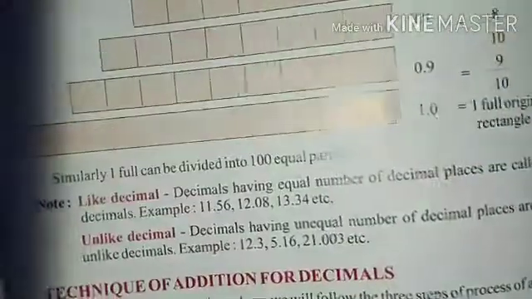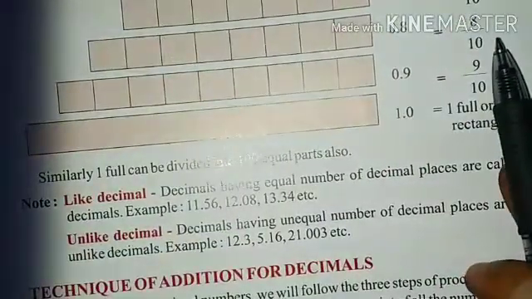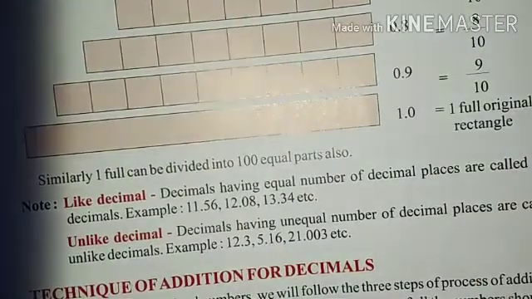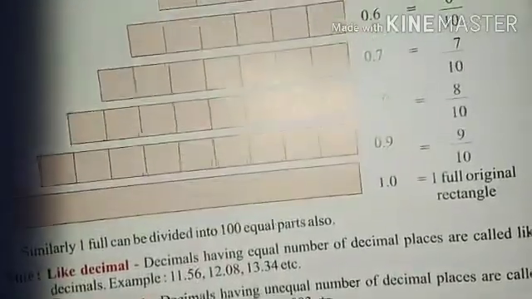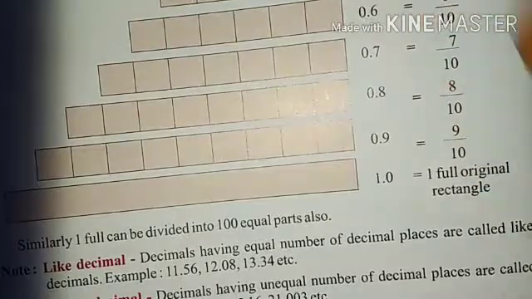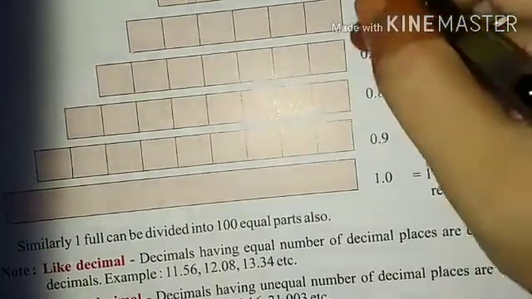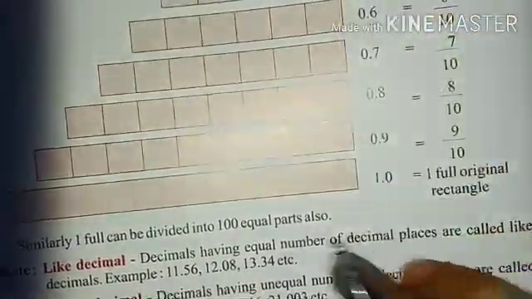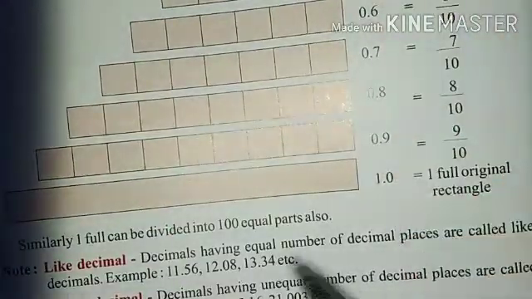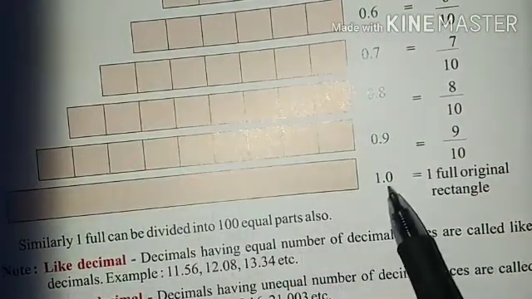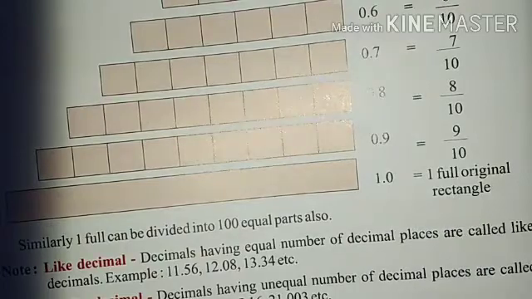So this is how we have done the decimal. A decimal is always divided by 10, 100, 1000 like this. Here you can see the chart. This whole thing is divided into 10 parts. When we take the full part, we write it as 1.0, that is the full original rectangle.